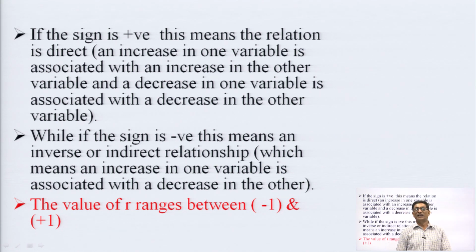While if the sign is negative, this means an inverse or indirect relationship, which means an increase in one variable is associated with a decrease in the other variable. And the value of r ranges between -1 and +1. Remember, the value of r always lies between -1 and +1.